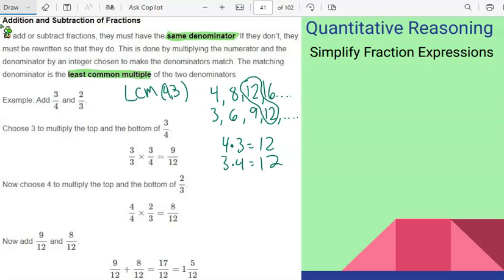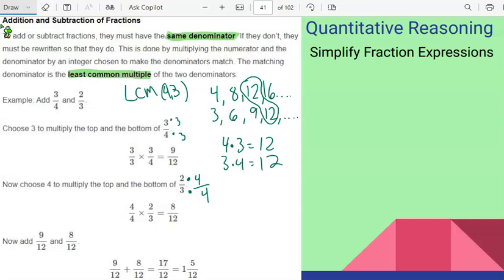So for 3/4, we're going to multiply the numerator and denominator by 3, as shown right here. And then we get 9/12. And then we're going to multiply 2/3 by 4/4, as shown right here.